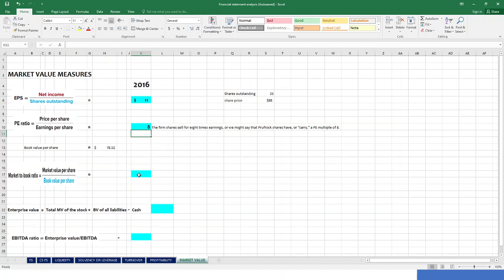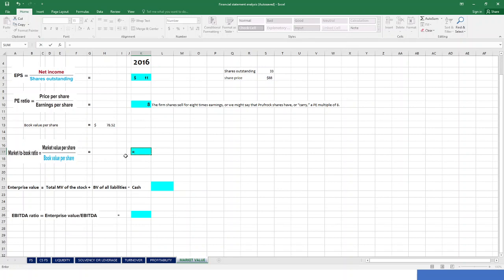Then the next thing is the market value per share. We have market value per share is $88. Then we have book value per share. To compute book value per share, this is equal to the total equity.